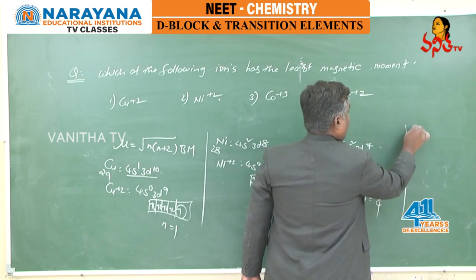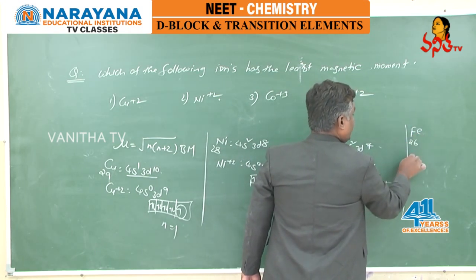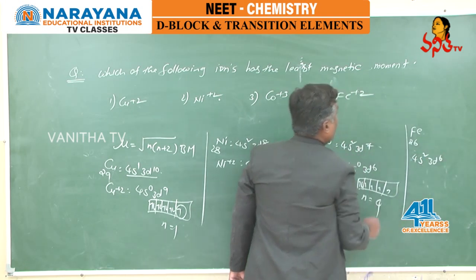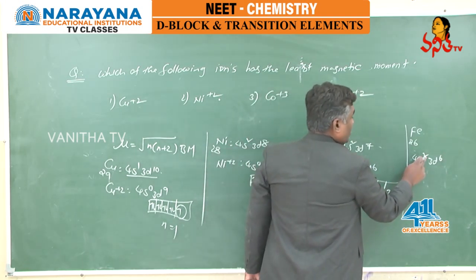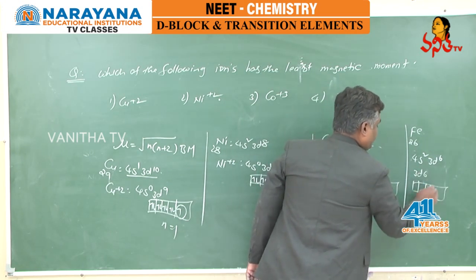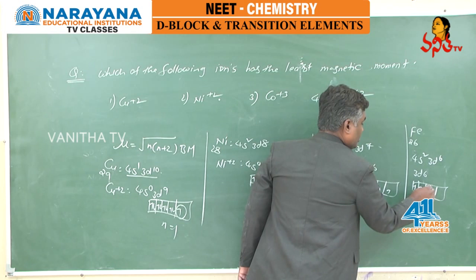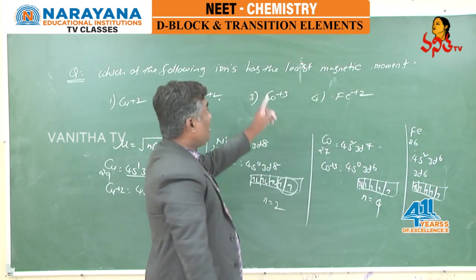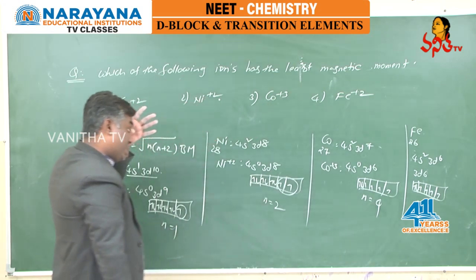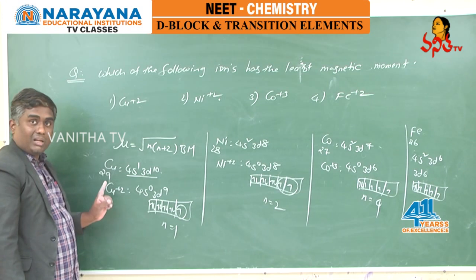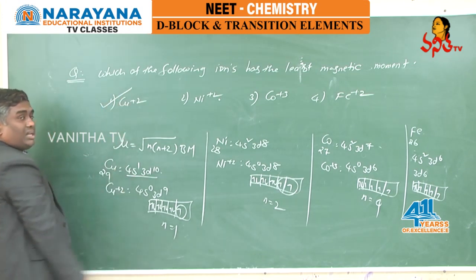And finally, iron atomic number 26, 4s2 3d6, but given iron plus 2, 2 electrons are lost from here, so 3d6. d6 means again the same, 1 2 3 4 5 6. Unpaired electrons are 4. They are asking for the least magnetic moment. So the least number of unpaired electrons is in copper plus 2, so the magnetic moment will be lowest. So the answer is the first option.